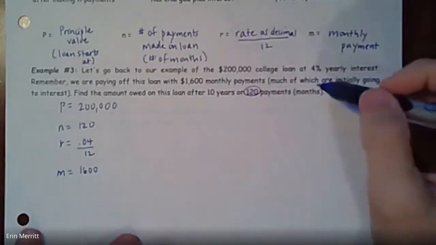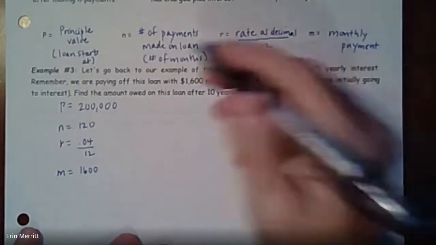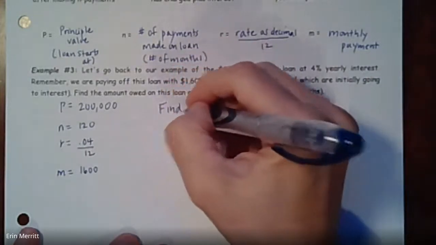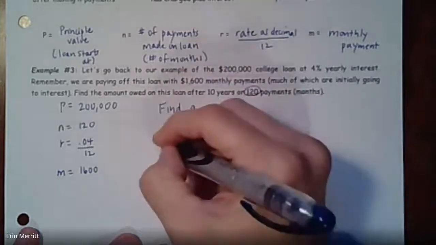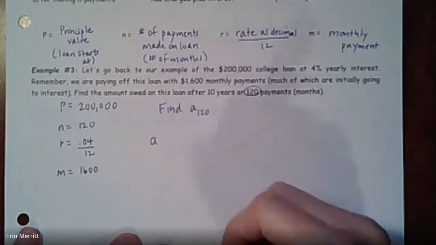So if we want to calculate how much is still left, we want to find A sub 120. Using the formula up above, let's plug in.